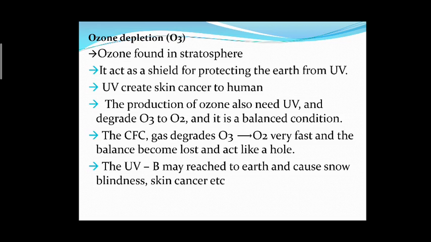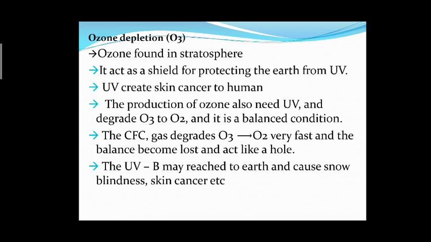If the emission of ozone depleting material from Earth increases, the balance becomes lost, so that there is a production of a gap, that means a hole. And if there is a gap in the ozone layer, the sun's ultraviolet radiation will come rapidly to earth and may cause skin cancer, snow blindness, etc.